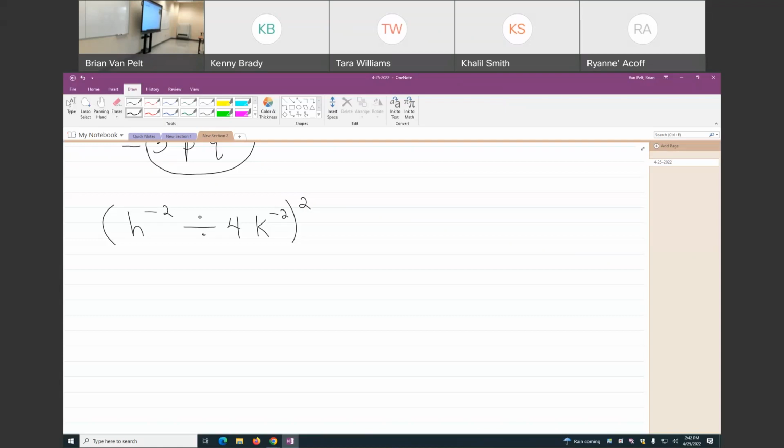K to the 4th is in the denominator? Yes. Good job. Yep, that's exactly right. You can back up. How many of this just for the audience at home?